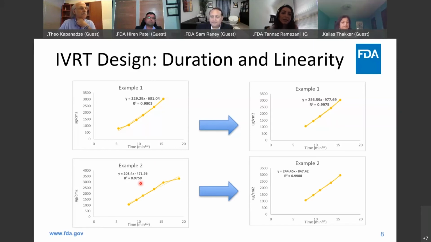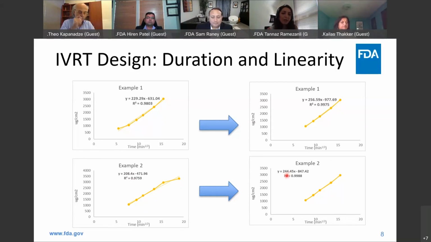The second example is where our last time point has a different release, and the profile is getting to plateau at the last data point. If we calculate the release rate using this data, we got a value of 2.8 for the slope, but if we calculate the release rate of the profile excluding that data, we get a value of 244, which is significantly different.